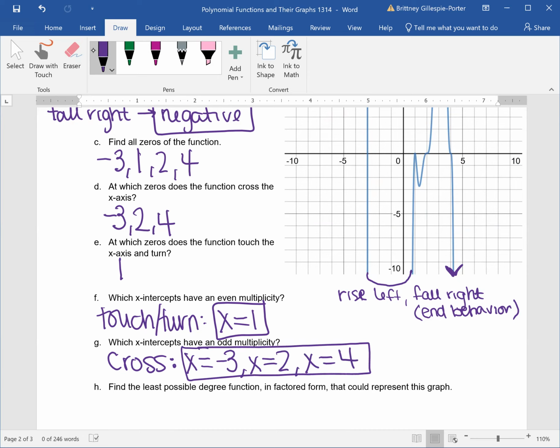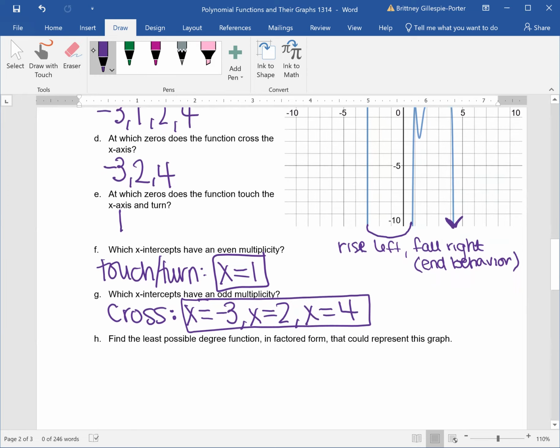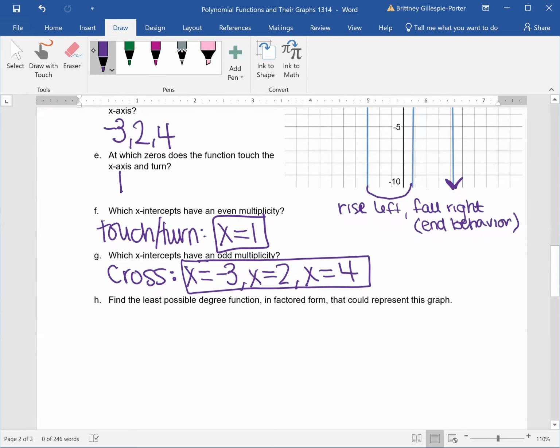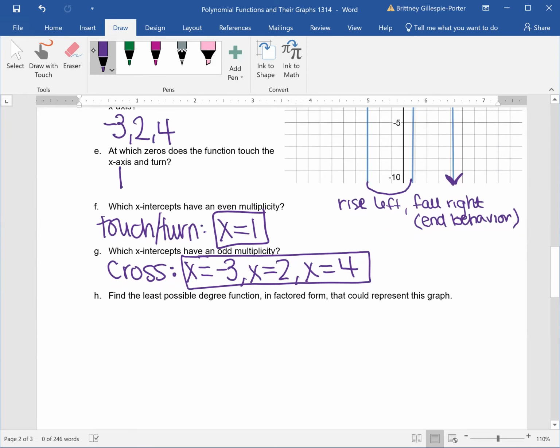For our least possible degree function in factored form, remember that we had a negative leading coefficient. We have x equal to 1, x equal to negative 3, x equal to 2, and x equal to 4 as our roots.